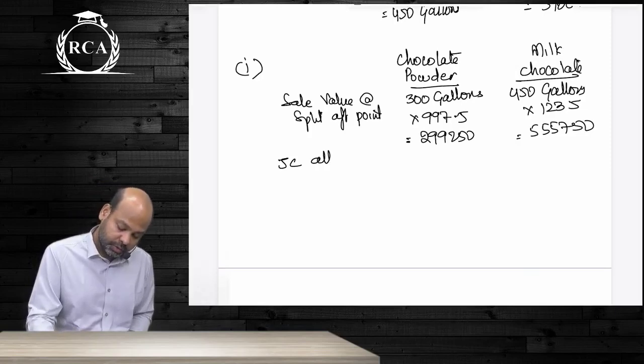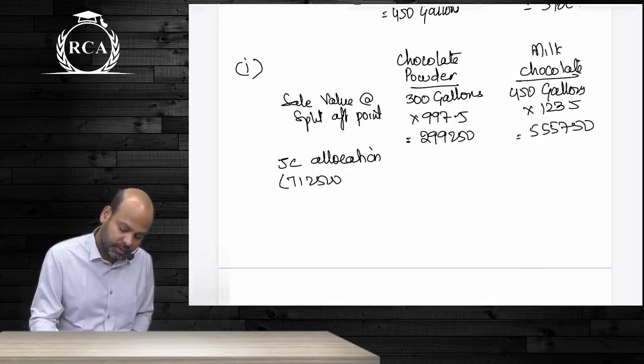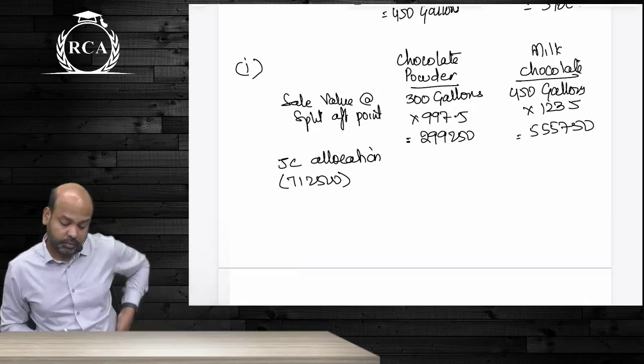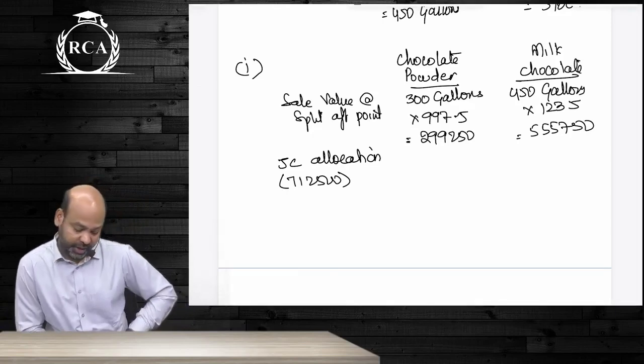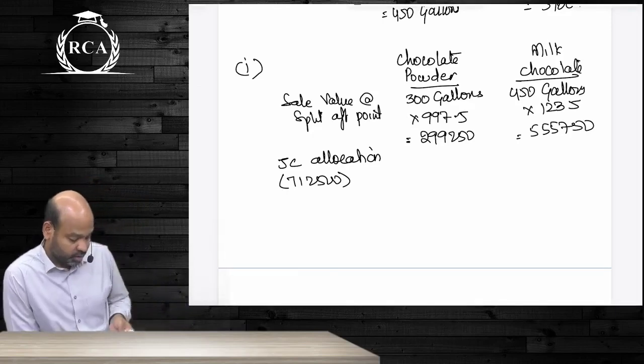Joint cost allocation 7,12,500. You will have to allocate joint cost in the ratio of sales value at split off point.